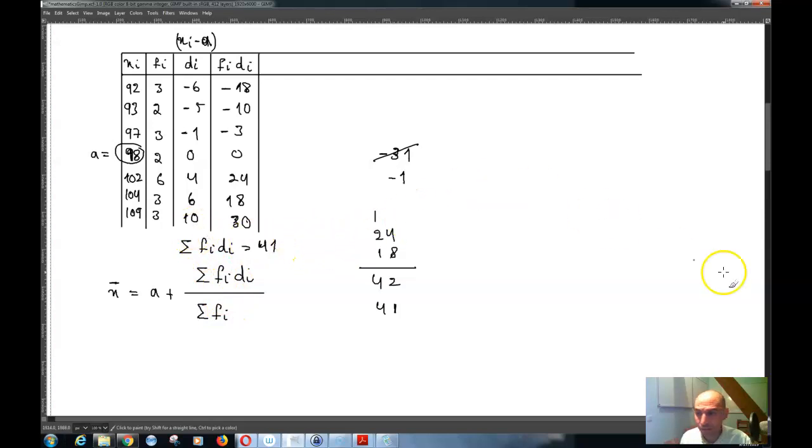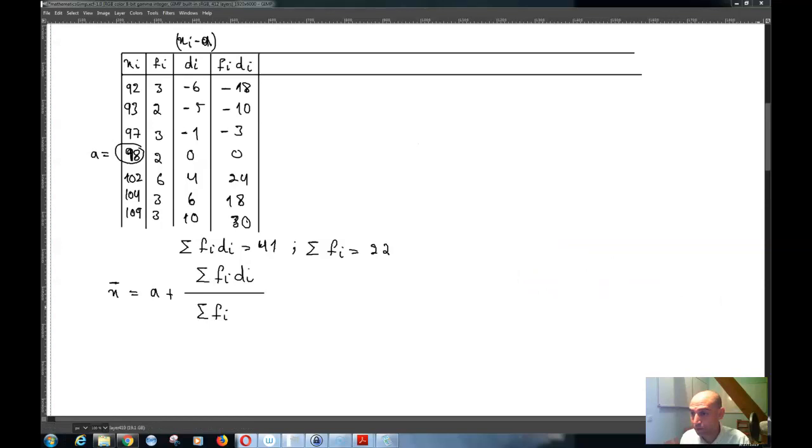And sigma f of I is equal to 5, 8, 10, 10, and this is a 12, so that's 22.